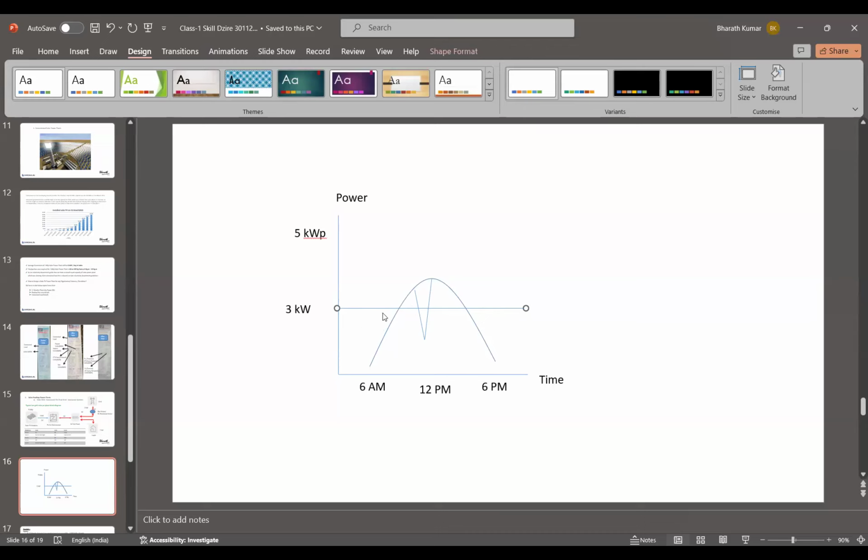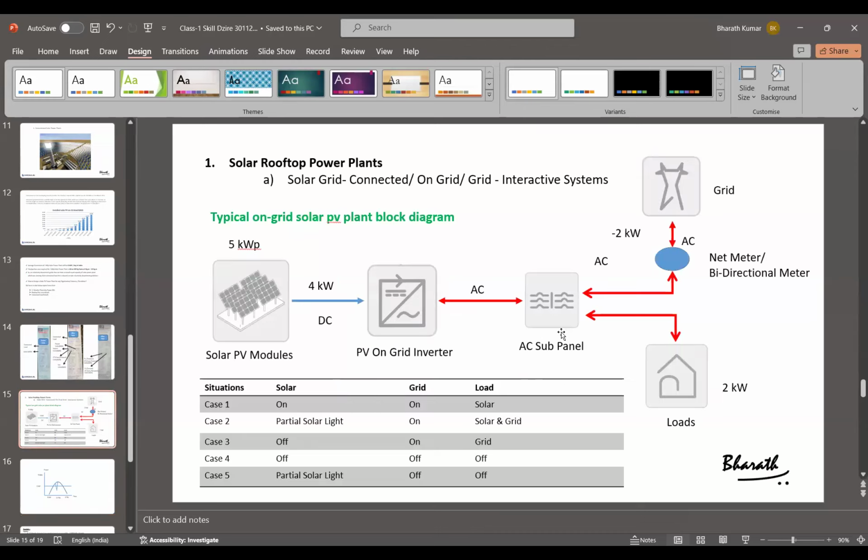Somebody is saying, sir, if the grid fails, why is it not working? Still there is some energy, so I will put one changeover here and run our loads. I'm saying it is not possible.